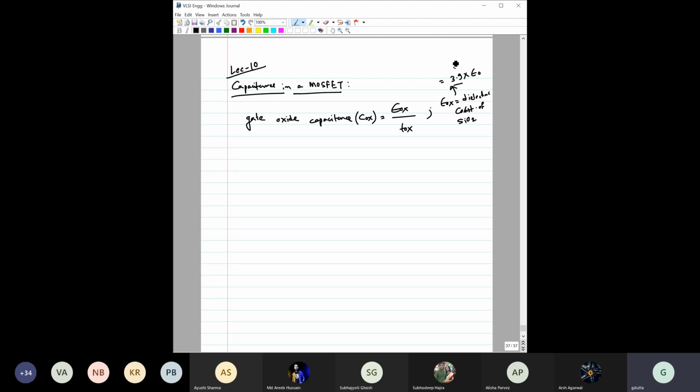This is for silicon dioxide, SiO2. Later on we will see why we use high K dielectric, where this K value, the relative dielectric constant, will be substantially higher. For example, if you are using hafnium oxide, HfO2, then it would be more than 20.